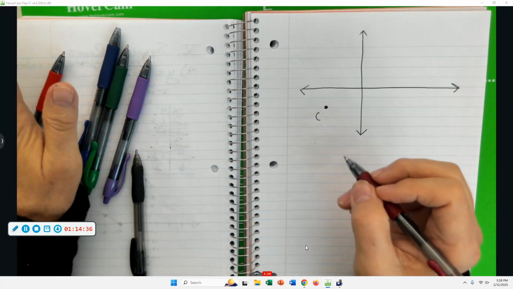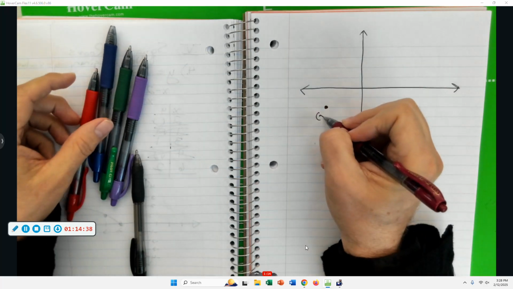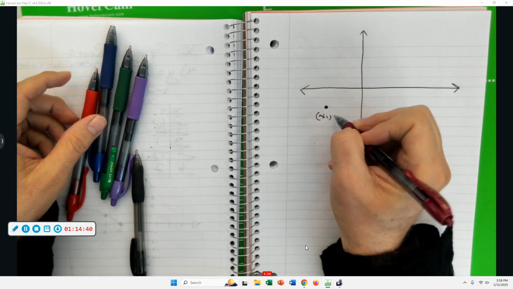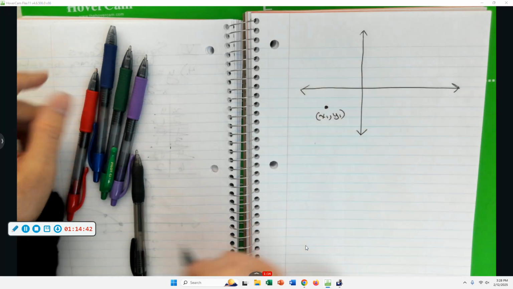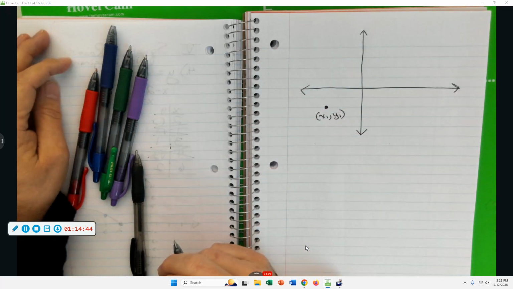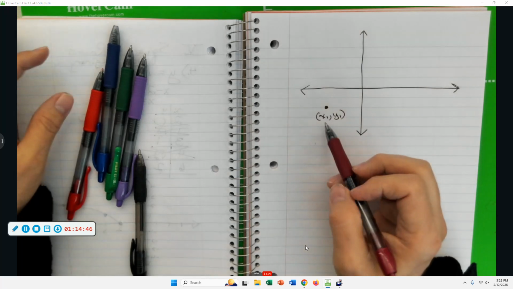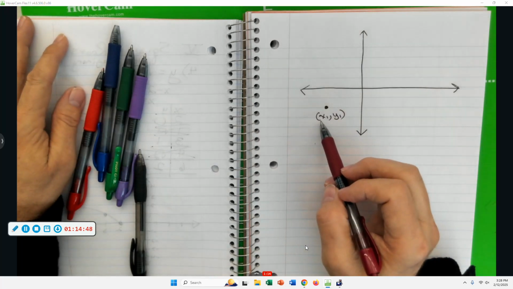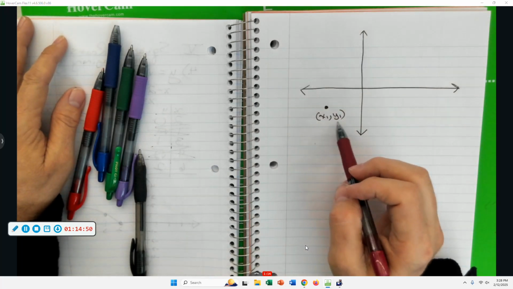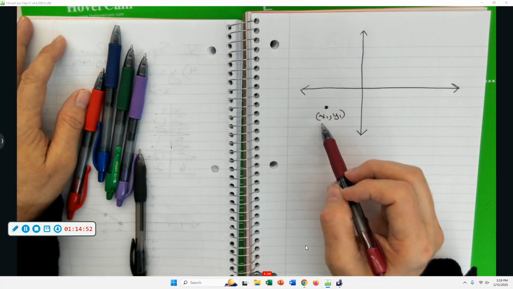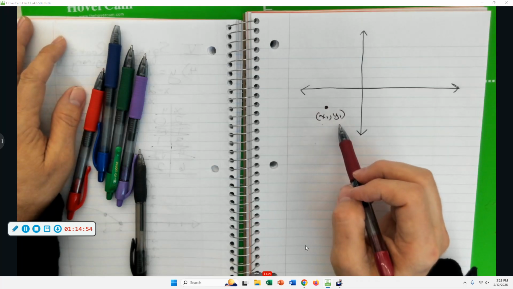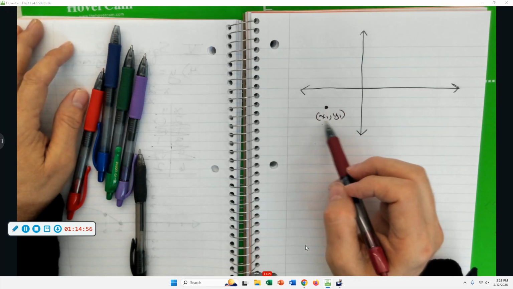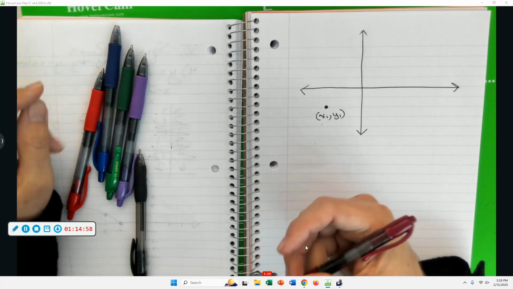And to indicate it's the first ordered pair, I'm going to use subscripts: X subscript 1, comma, Y subscript 1. And out of laziness, we read that as X sub 1, Y sub 1. I just read it as X1, Y1. I don't bother reading out the subscript, just X1, Y1.